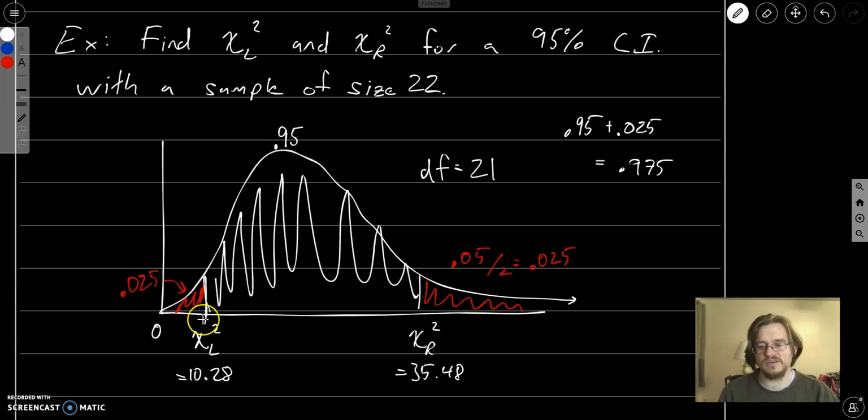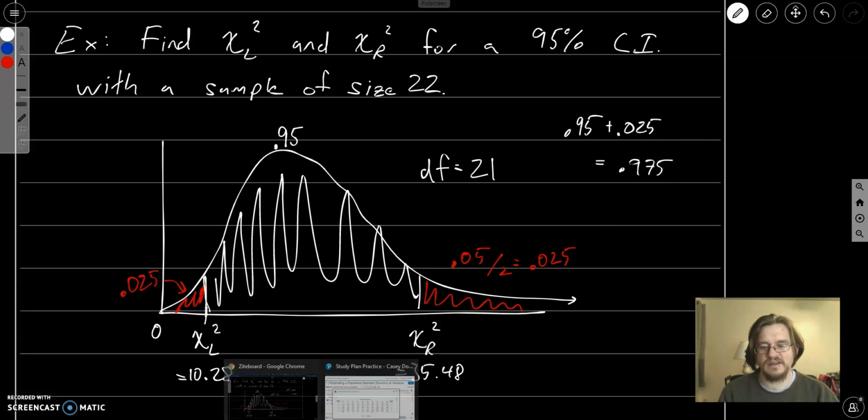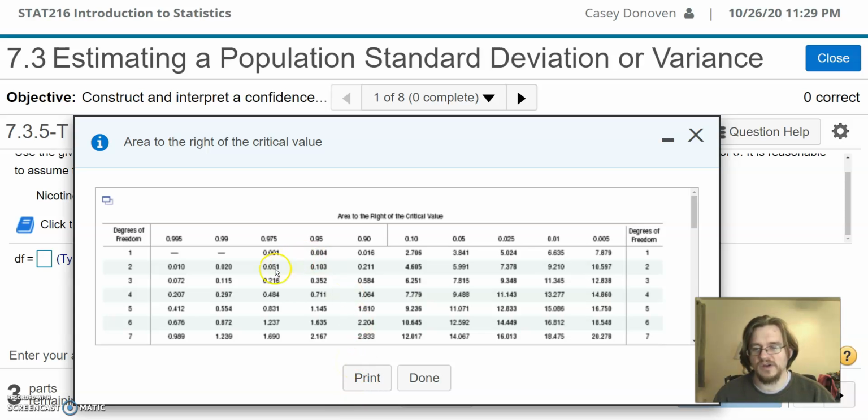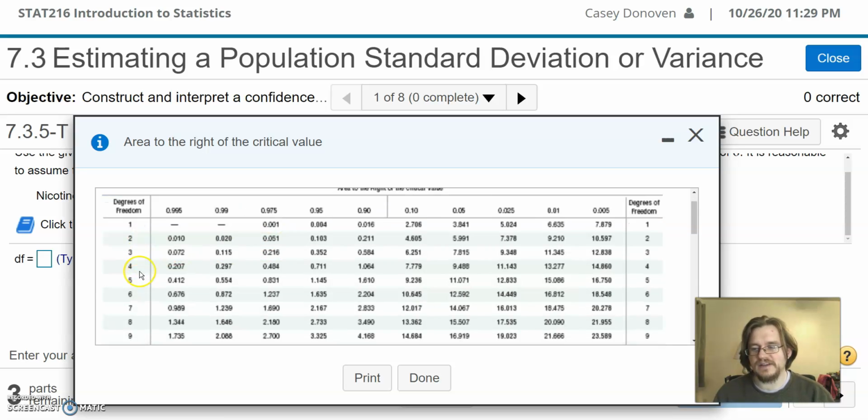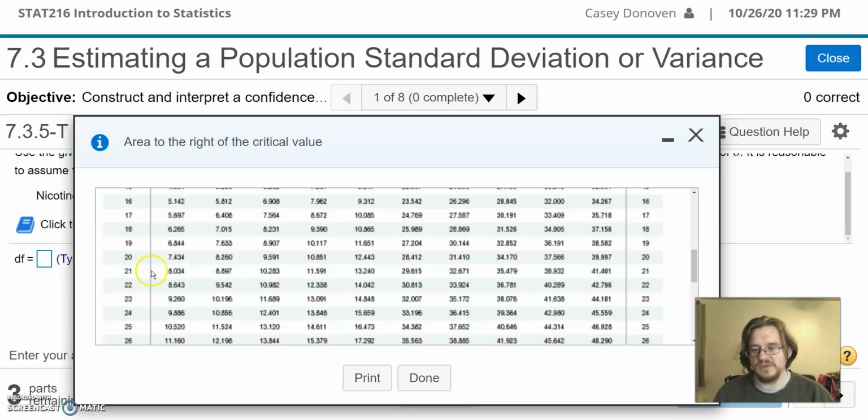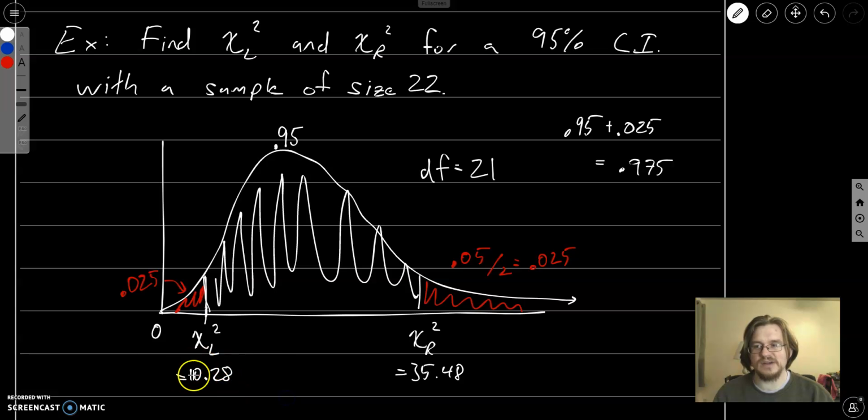So again, the area to the right of the leftmost value should be 0.975. When we come to our table, yep, we have 0.975, which is the third column. If I scroll down to 21 degrees of freedom, we see 10.283, which matches our 10.28, just rounded to one more significant figure.